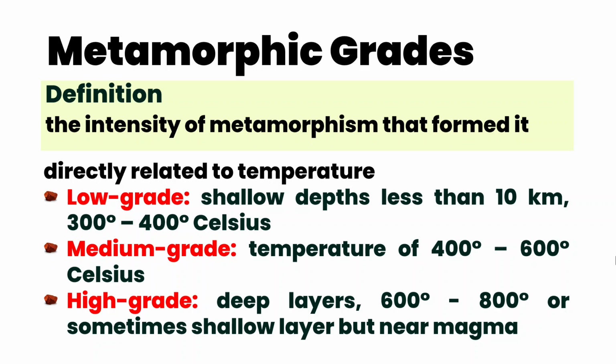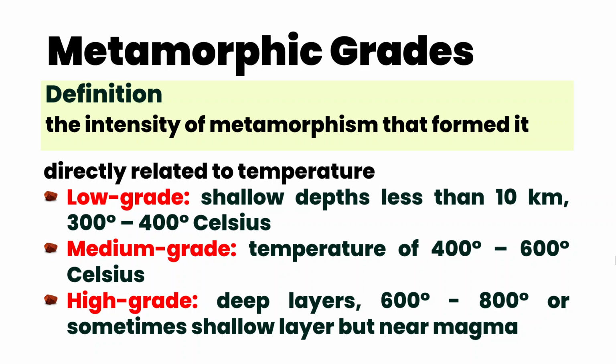Metamorphic rocks can be graded according to the temperatures when they are formed. Low-grade metamorphic rocks form less than 10 kilometers deep within the ground, at 300 to 400 degrees Celsius.